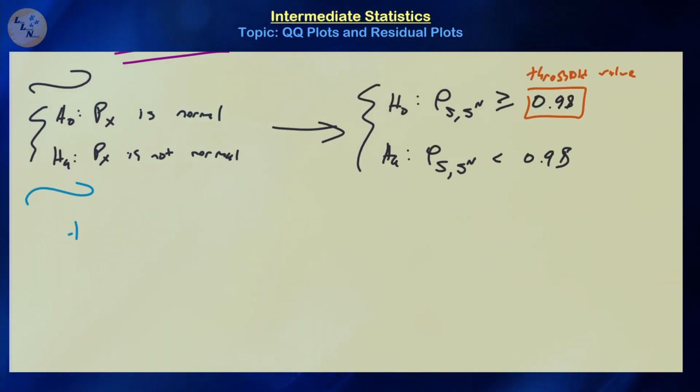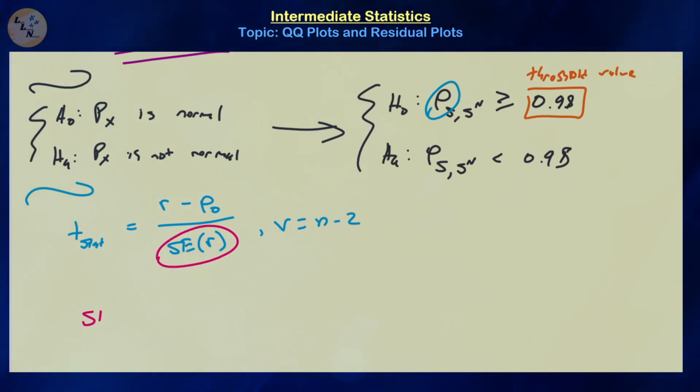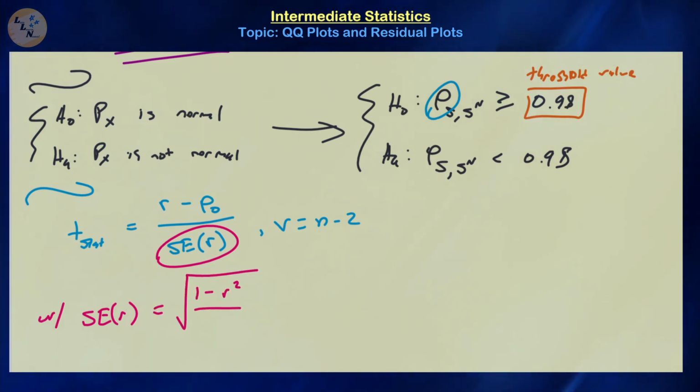We know that the test statistic for rho is going to be equal to r minus rho 0 all over the standard error of the estimate of r for this particular parameter rho, with a degrees of freedom equal to n minus 2, where the standard error for r equals the square root of 1 minus r squared all over n minus 2.